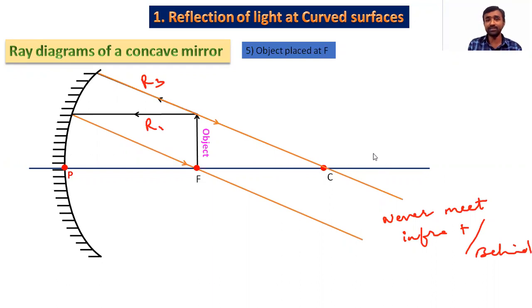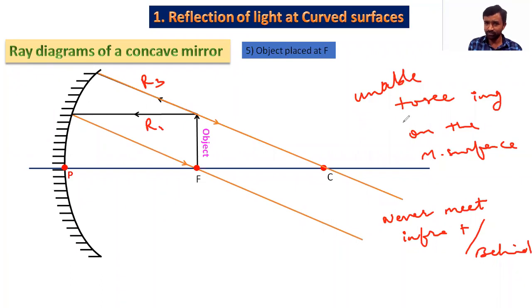And one more point, I am unable to see the image on the mirror surface, right? So is it a virtual image? Because of this, it is not a virtual image. I can conclude that. So it is not virtual.